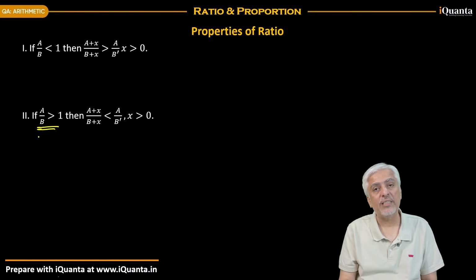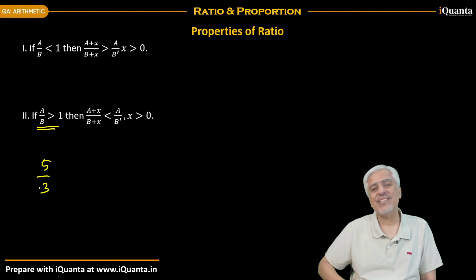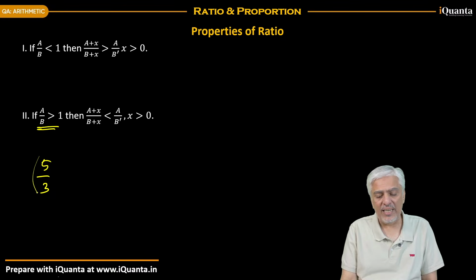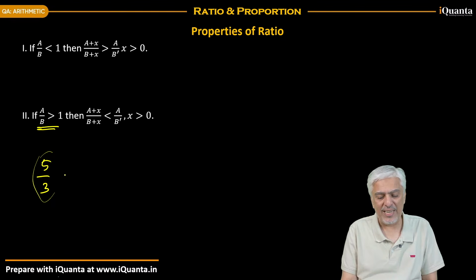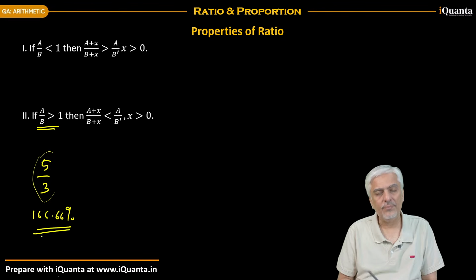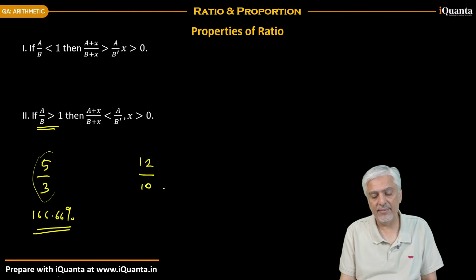Okay, what about the exact opposite? Suppose it was more than 1, 5 by 3. Just say add 7, 7. 5 by 3, if you calculate as a percentage, is roughly 166.66. If you add 7, 7, it will become 12 by 10, which is 120 percent.